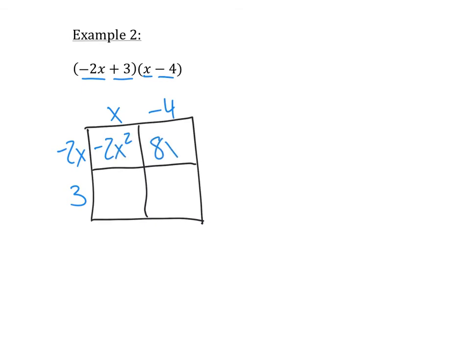That means I multiply to get what I write inside. So I've multiplied my negative 2x with my x to get negative 2x squared. I've multiplied my negative 2x with my negative 4 to get positive 8x. I've multiplied my 3 and my x to get 3x, and my 3 and my negative 4 to get negative 12. Now I'm going to write these down below and I'm going to combine my like terms. I have negative 2x squared plus 11x from my like terms minus 12.